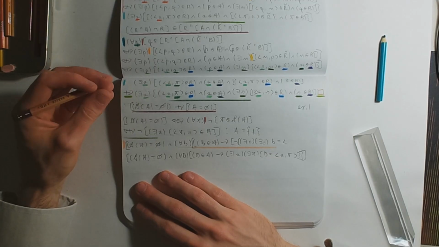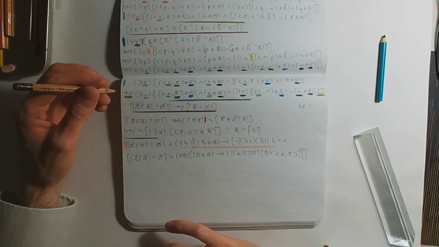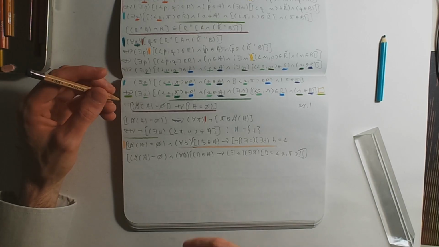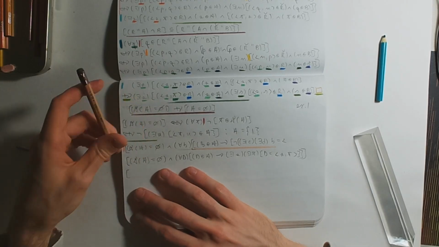Well, that would be a contradiction, from which we can derive anything. Yeah. Well, no, that wouldn't be a contradiction, would it? Because now we're saying, right.